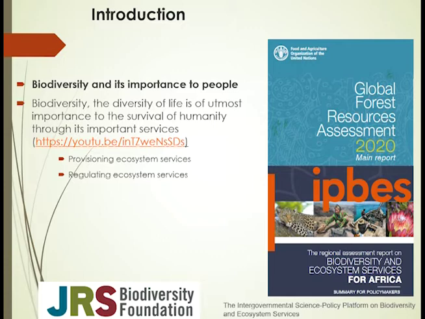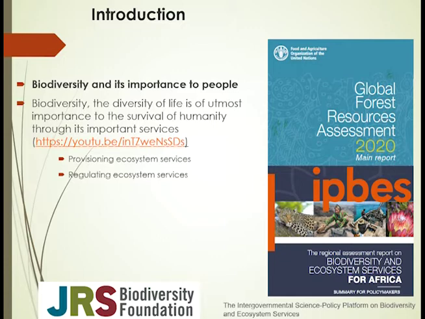For example, it is estimated that more than 500 billion cubic meters are stored in forests, and out of this, 76 billion cubic meters are stored in the forests in Africa.